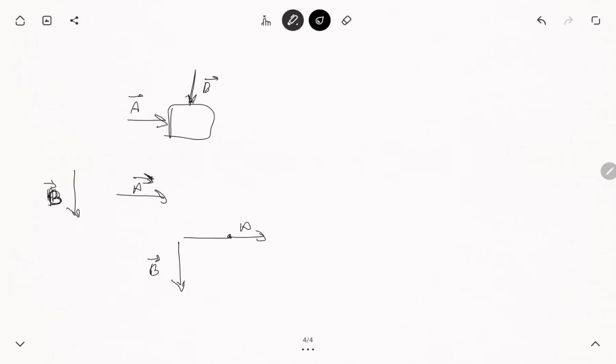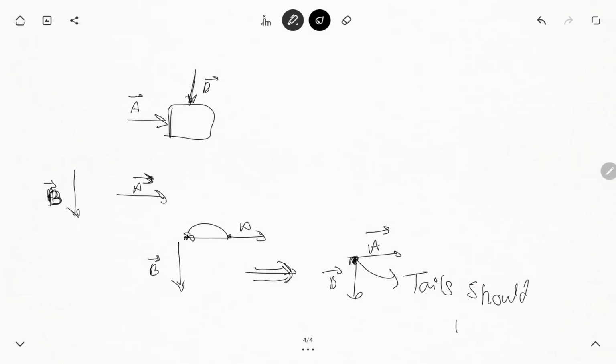This guy, I can move right here and make it look something like this. B vector, A vector. So this is where the tails meet. And you must remember, tails should always meet while joining vectors, that is, while parallelly shifting vectors. Tails should meet.